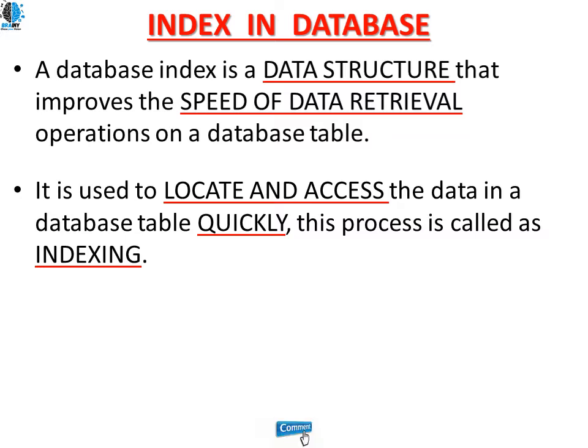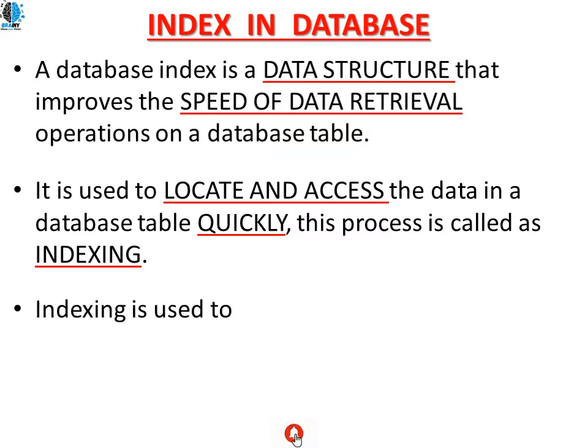What the index of the book will do is tell you where that particular topic is located. That's it. Here also in database, the indexing will help you locate and access the data quickly. If you don't have an index in a book, it will take much time to search the desired content, right? In the same way, the indexing will help you in database.